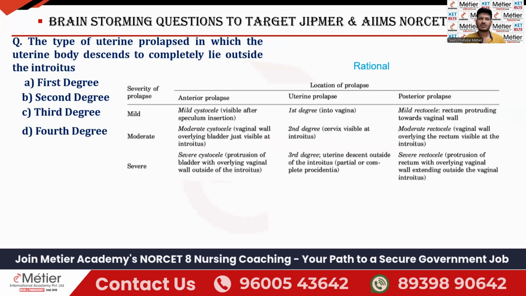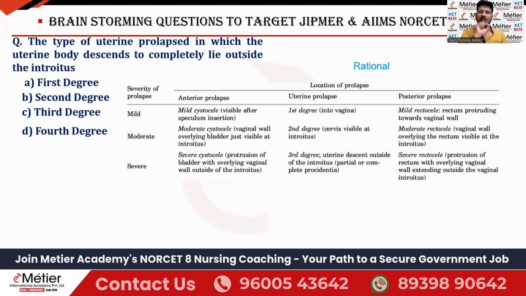Okay, guys. The next question is: the type of uterine prolapse in which the uterine body descends completely. Underline the word completely, that is the key point. It descends completely and lies outside the introitus; in the vaginal opening you are completely seeing the uterine body. They are asking the degree of uterine prolapse.